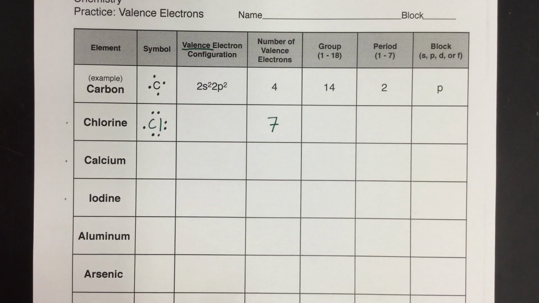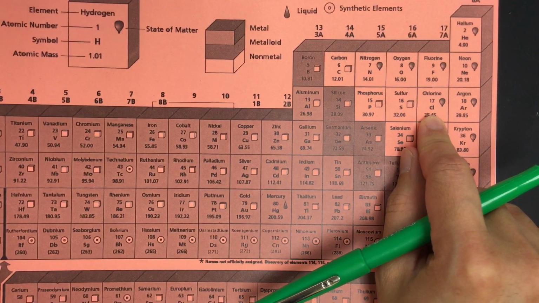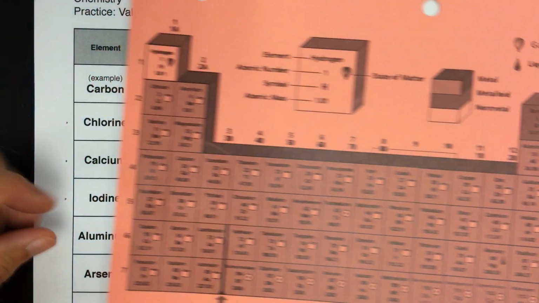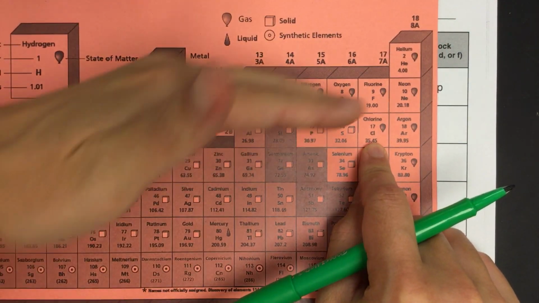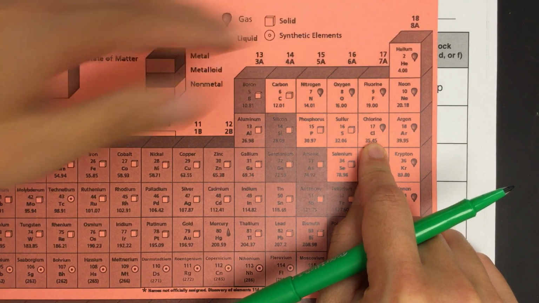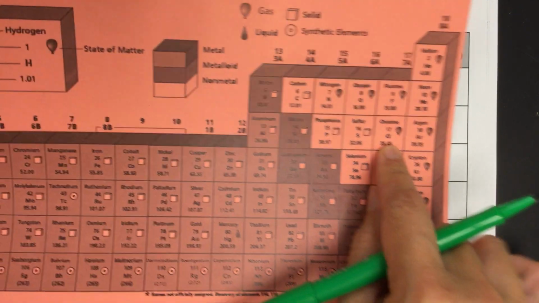To write the valence configuration, remember, so we have chlorine here, it's only going to be the s and p electrons. So remember that this is the p block and this is the s block. So if we're talking about chlorine, all of the original electrons from the 1s and the 2s and the 2p, those are core electrons.